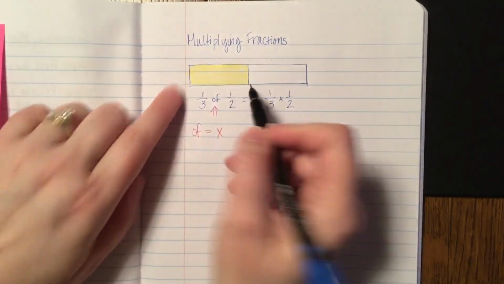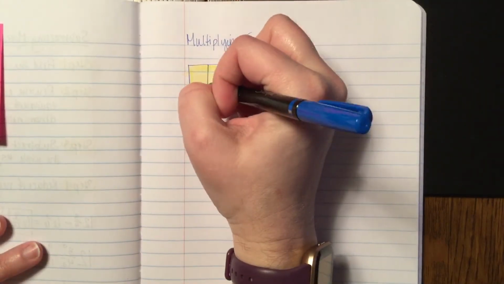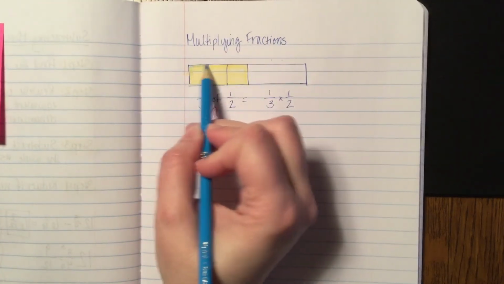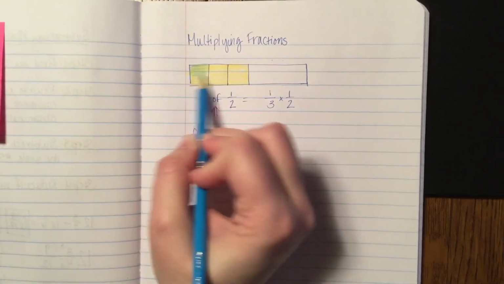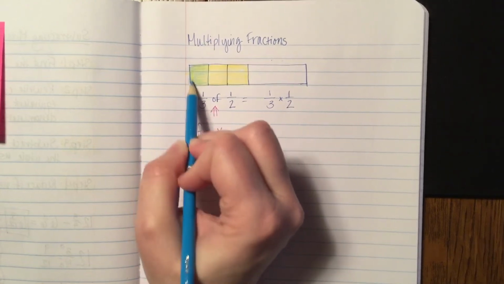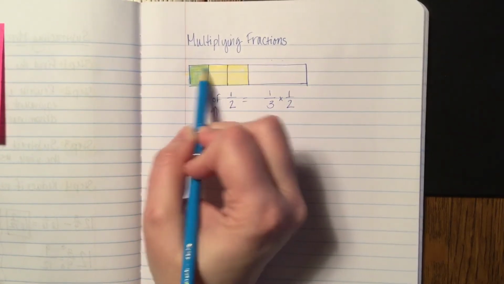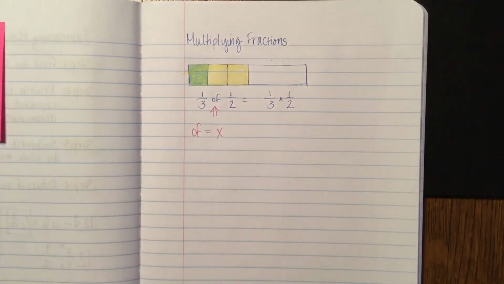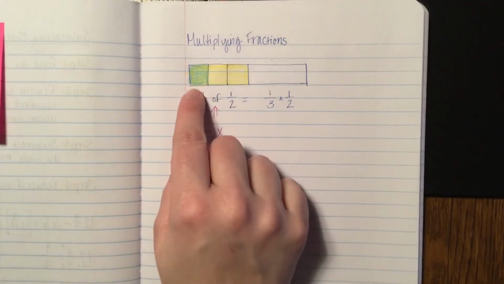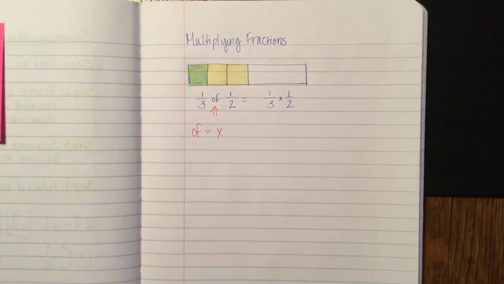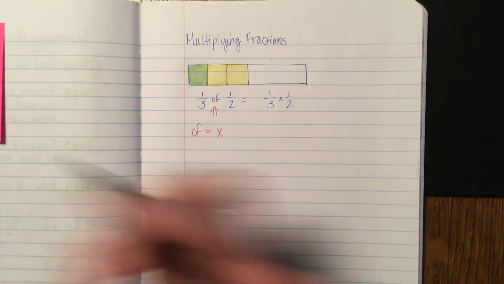So here's my half, and then I ate 1/3 of that. Okay, so my answer is going to be this little tiny piece. This little tiny piece.